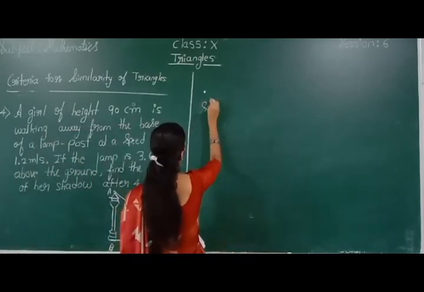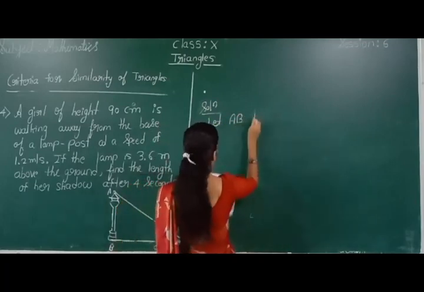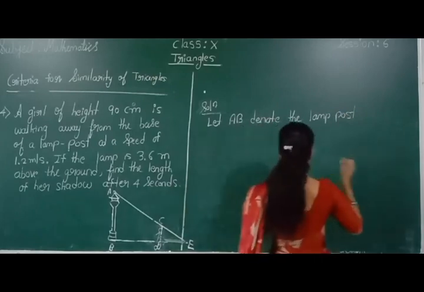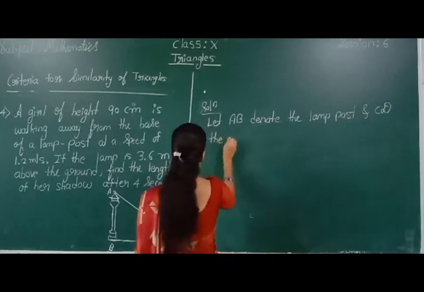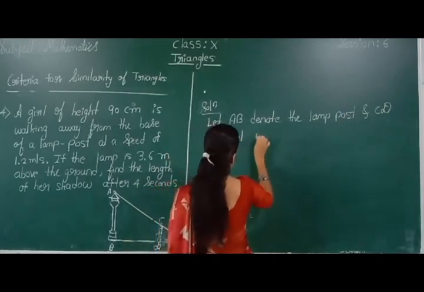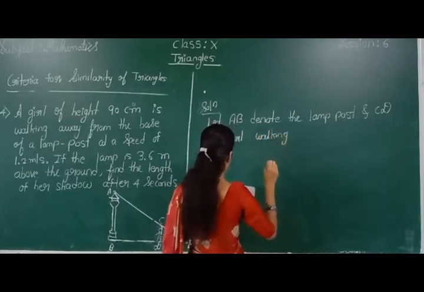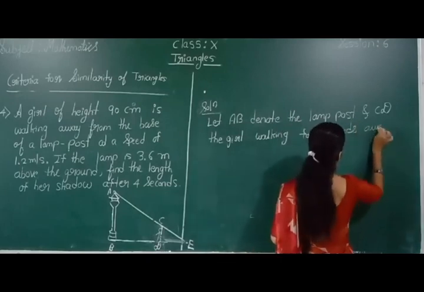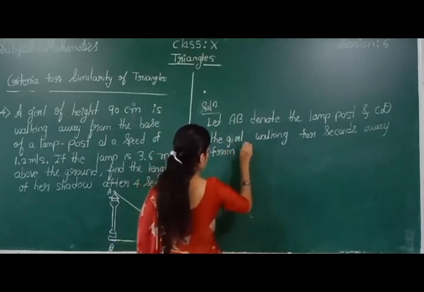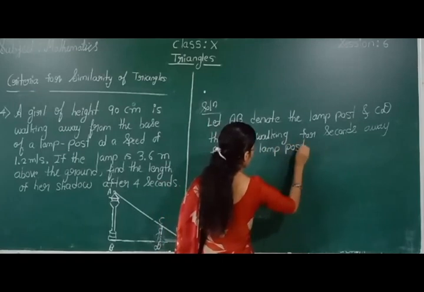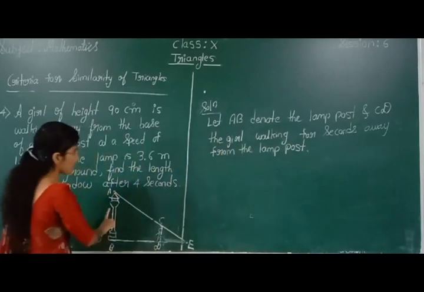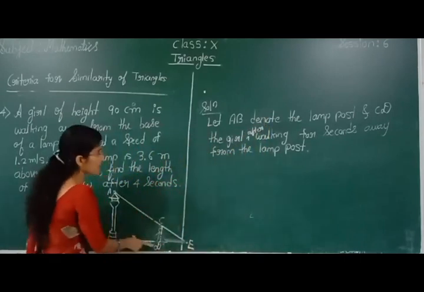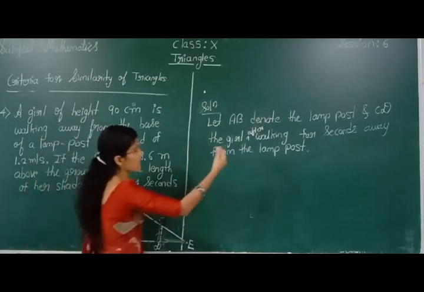See here, take solution. Let AB denote the lamp post and CD the girl, after walking for 4 seconds away from the lamp post.